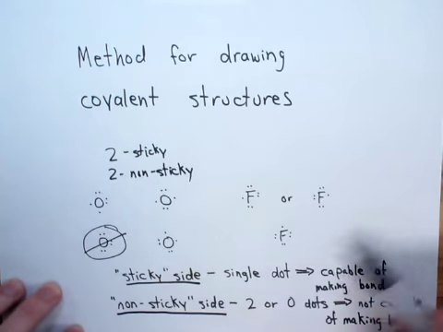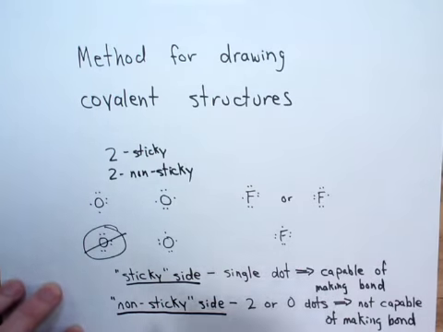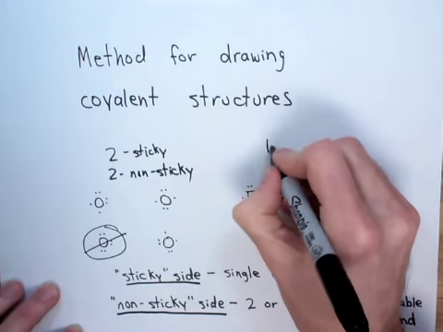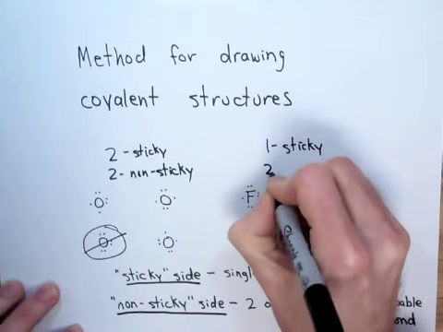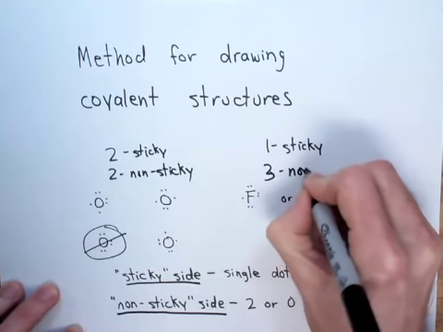Take a look at fluorine. No matter which way you draw it, it's going to have 1 sticky side and 3 non-sticky.